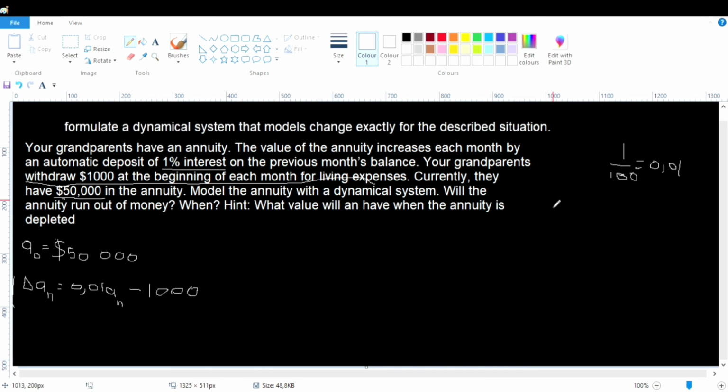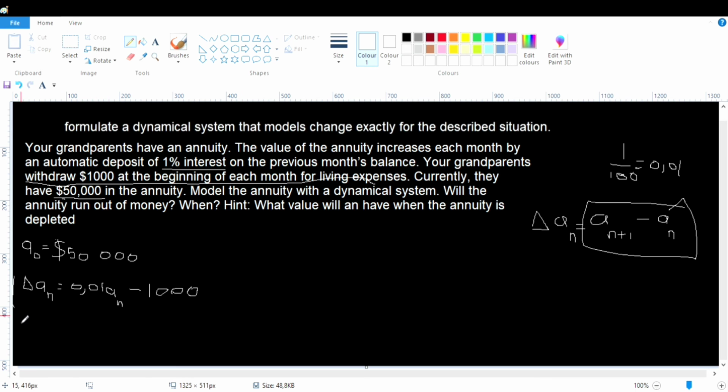Change is the same thing as A sub n plus 1 minus A sub n. So I'm going to replace change by this.